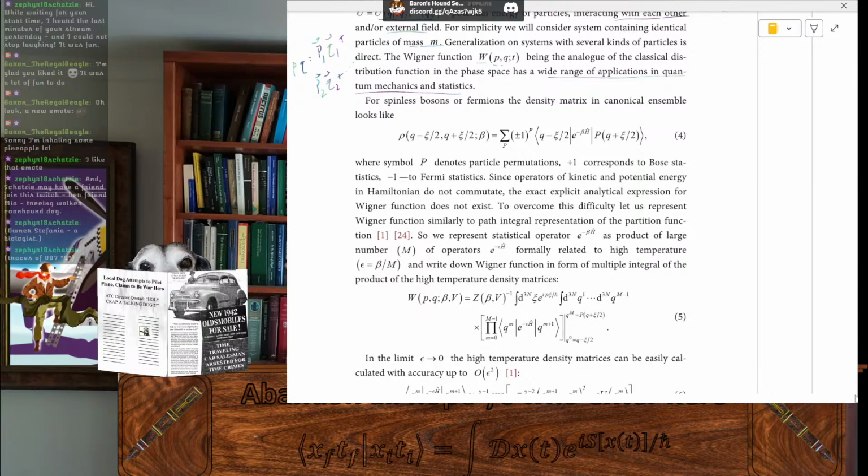For spinless bosons or fermions, the density matrix in the canonical ensemble looks like this, where the symbol P denotes particle permutations, +1 corresponds to Bose statistics, -1 to Fermi statistics. Okay, so this P here is the permutations. Why is it only on that side?